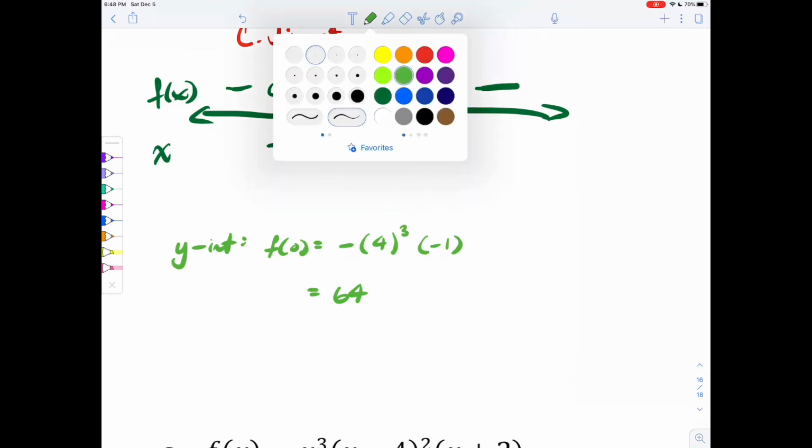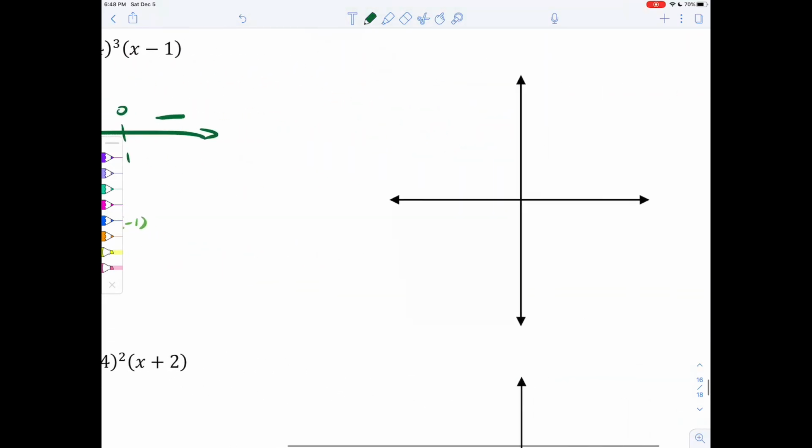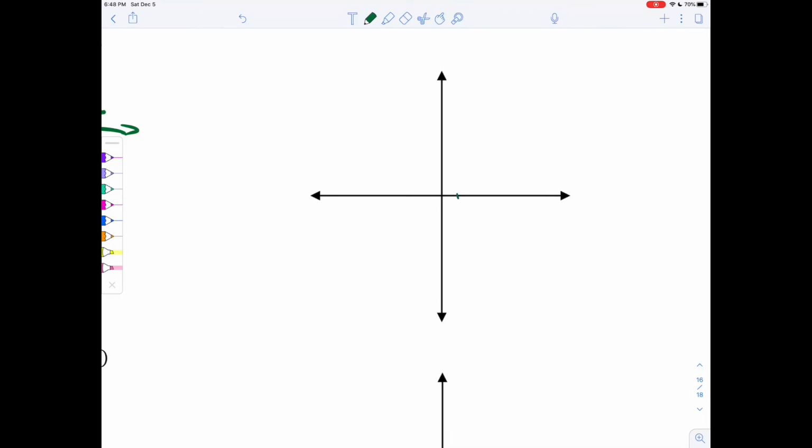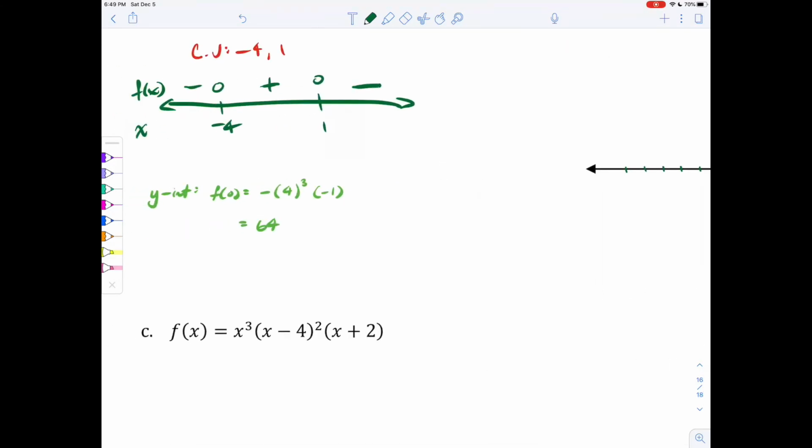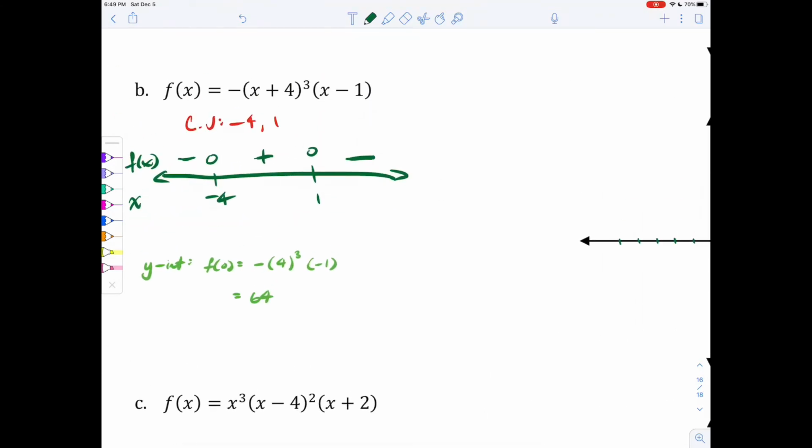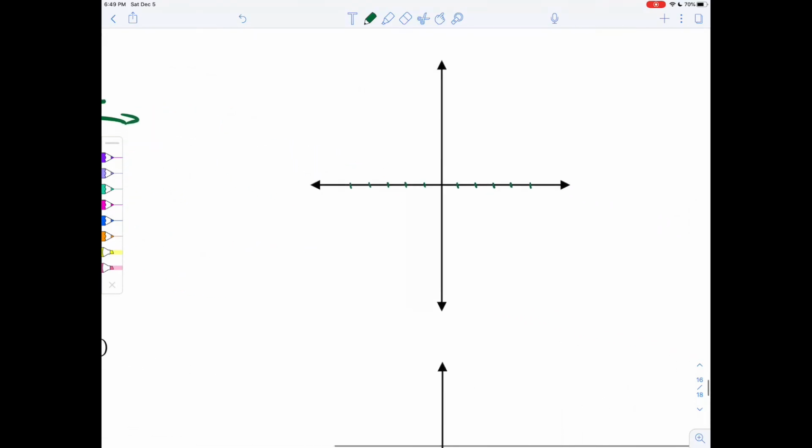And we can put this thing all together. We'll need some tick marks on our graph. And as we hit, let's go with the 1. 1 goes from positive to negative, and it's a straight cut through.